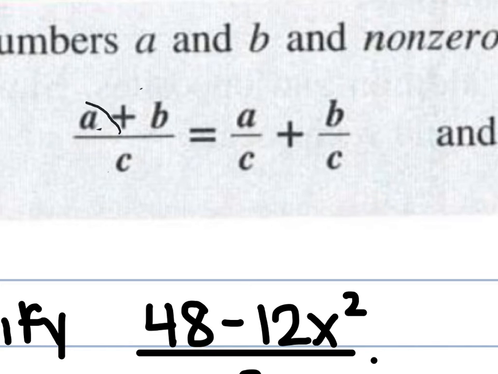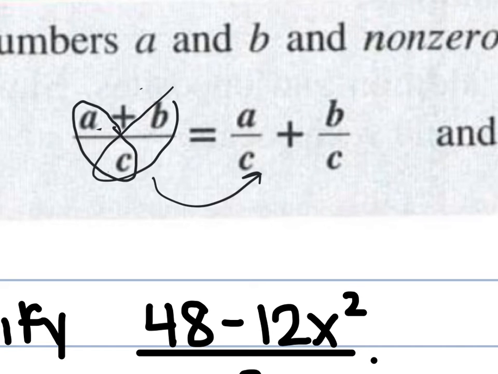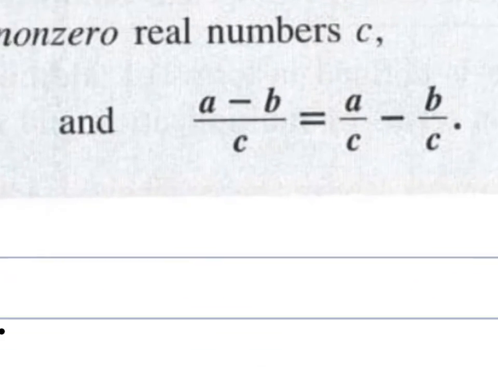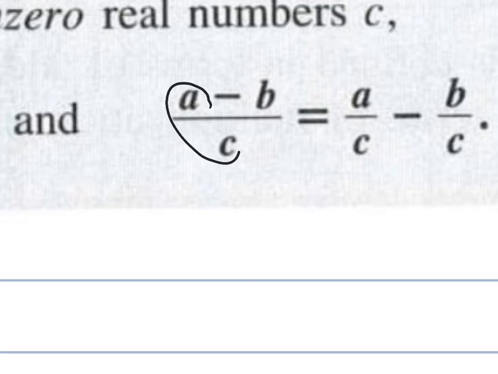It's the same thing as A over C plus B over C. You see how that's just split up there? There's two fractions actually hidden there. A over C plus B over C. Same as A minus B over C is the same thing as A over C minus B over C.